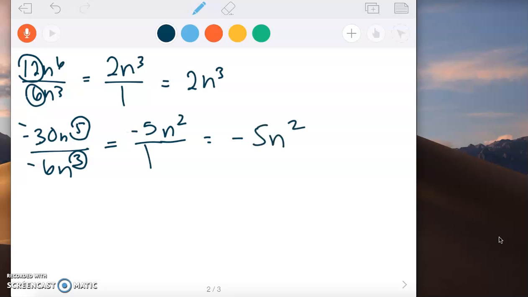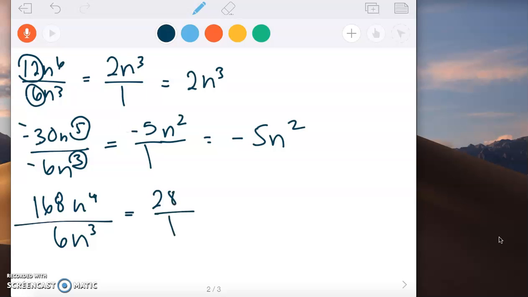All right, now the last one we have is 168n to the 4th over 6n cubed. Again, I'm just breaking this up to show you how to do it in parts if you're having a hard time doing it all together. So here, first we need to do 168 divided by 6, which gives us 28. So we're going to have a 28 in the top, and we're going to put a 1 on the bottom just as a placeholder.